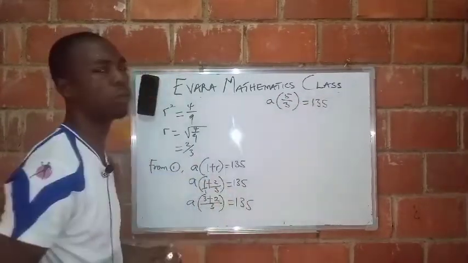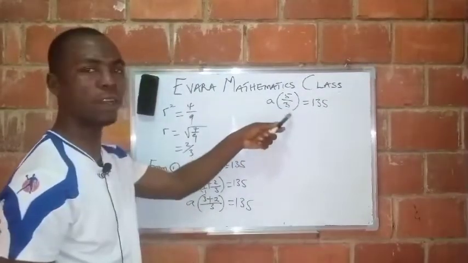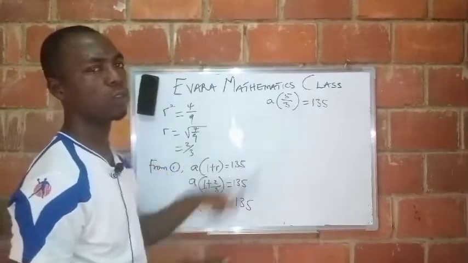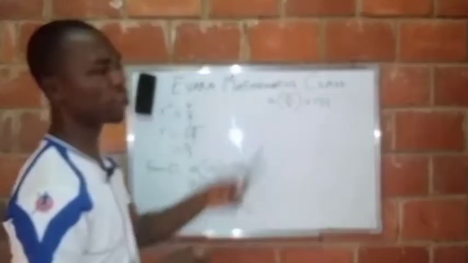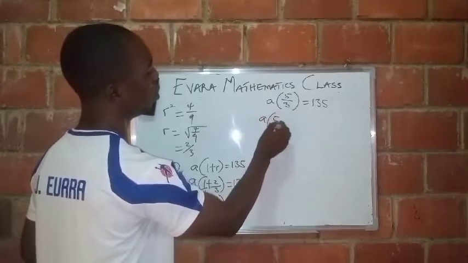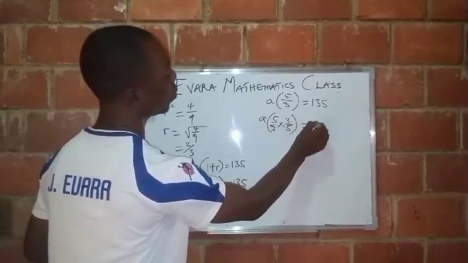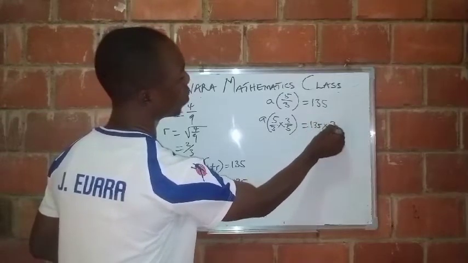So how do we get rid of this 5 over 3? We simply use the multiplicative inverse of this 5 over 3 to multiply both sides. And the inverse is what? 3 over 5. That is A in bracket 5 over 3 times 3 over 5 equals 135 times 3 over 5.